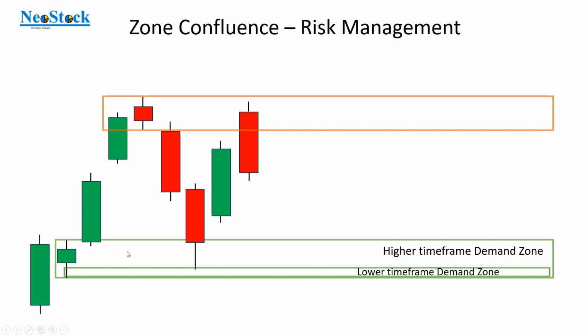If you look from the higher time frame point of view, it is not the type 1 proximal entry, it is not the type 2 proximal entry, or even the type 3 proximal entry. Even further below, we took our entry in this example. This is another major advantage of going for zone confluence.